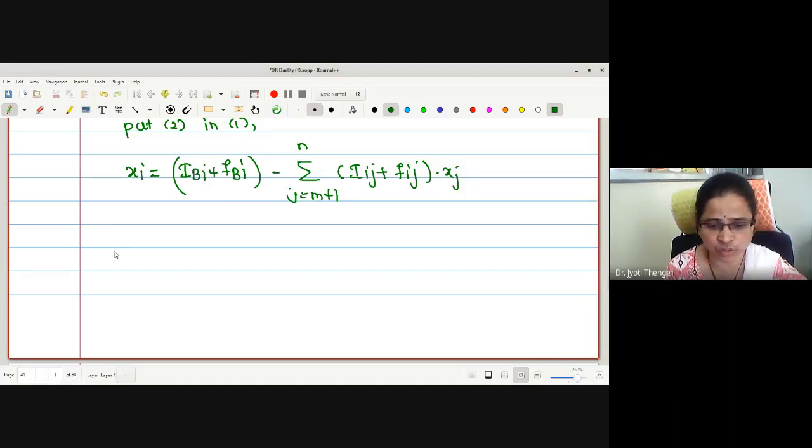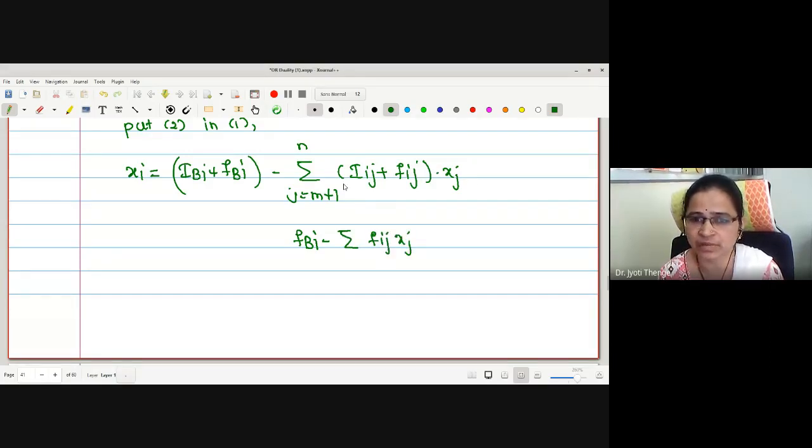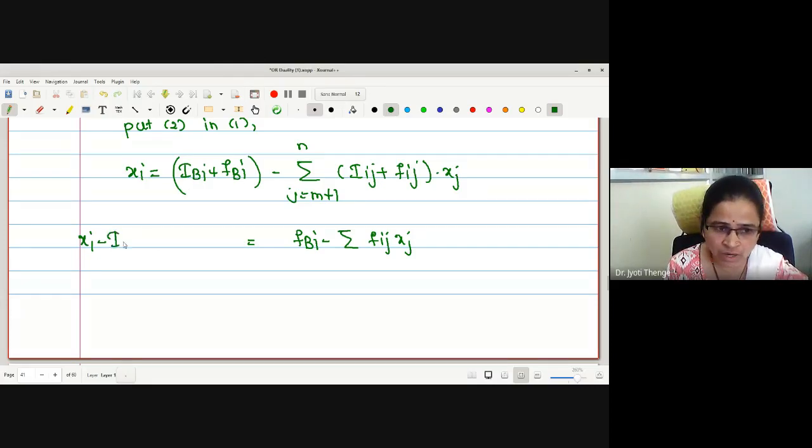Let me write the fractional part on one side: this is fbi minus summation fij into xj. On the left-hand side, all the remaining values we shift: xi minus ibi, and this summation also I shift, minus summation j equals m plus 1 to n of iij into xj.